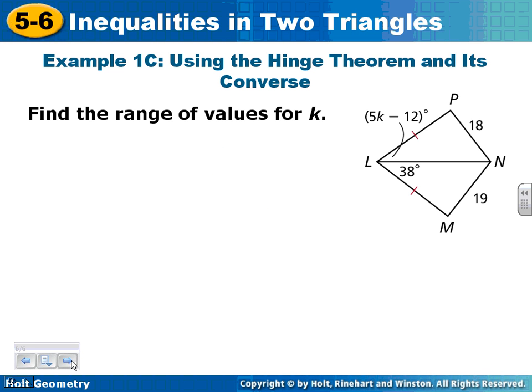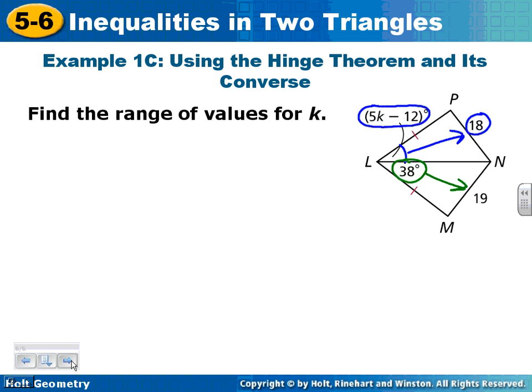Now we got to throw in a variable. We have this variable K. This one says, find the range of values for K. In other words, solve for K. Well, if you look, this angle is 5K minus 12, and the opposite side is 18. And this angle, 38, is opposite a length of 19.